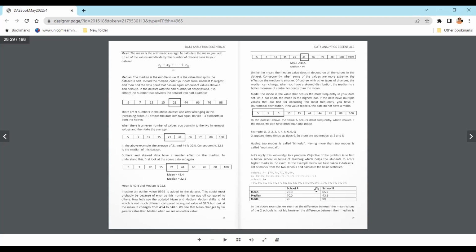Depending upon how you look at it, school B can be better, because you have people scoring 99, 100 also. That's why you see mode is 99. Or if you want average, maybe school A is better. Most of the students are getting similar marks, so it's very predictable.